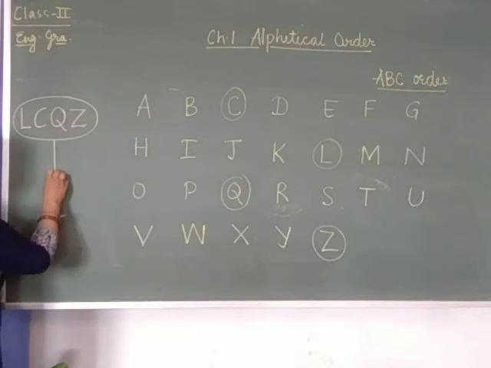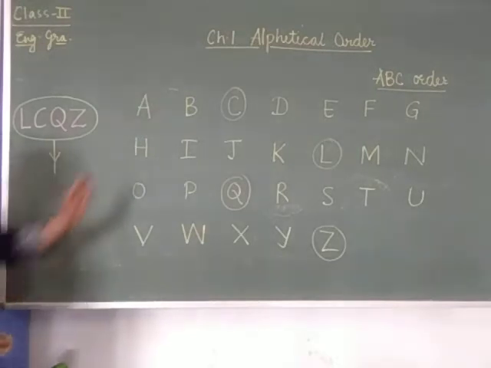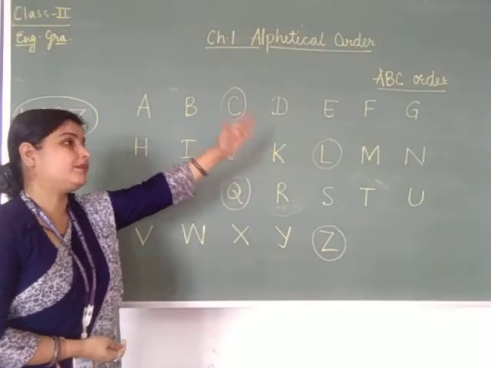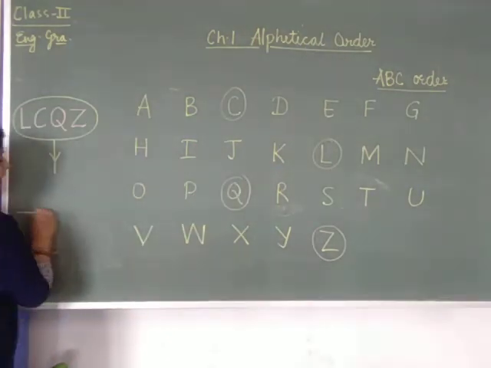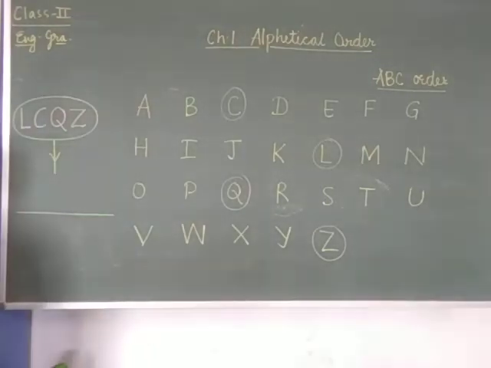No, this is not in alphabetical order, क्योंकि alphabetical order के हिसाब से तो सबसे पहले C आता है, उसके बाद L आता है. That means it has to be written in an alphabetical order.